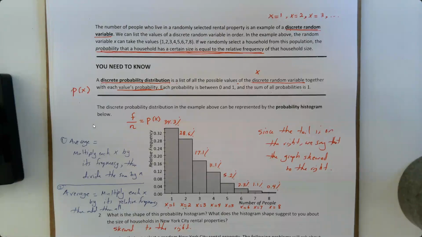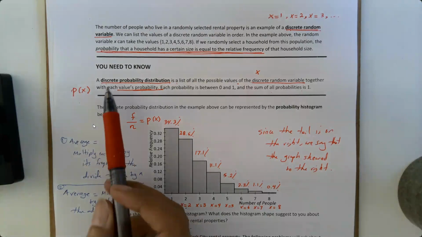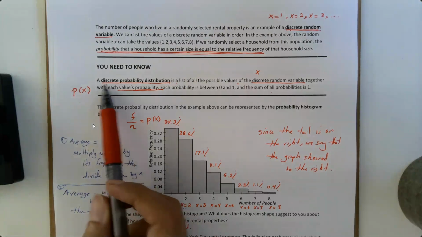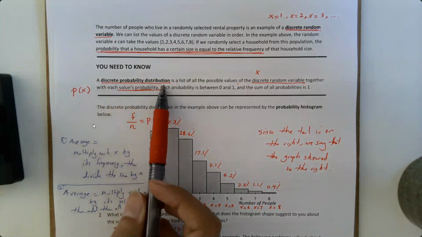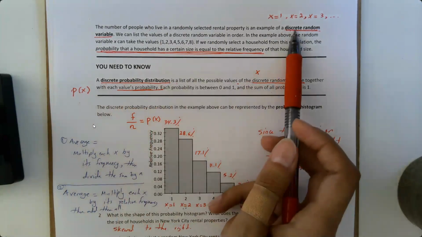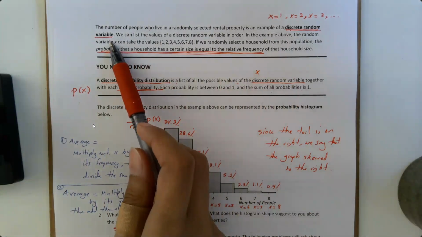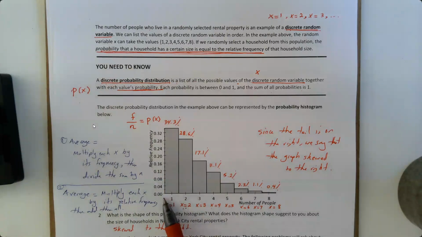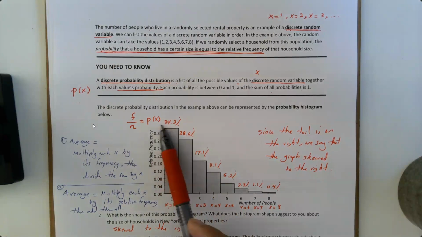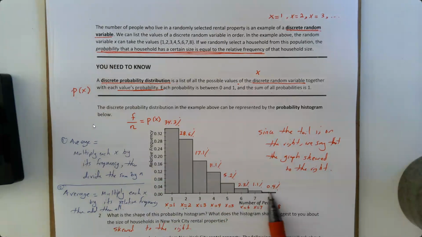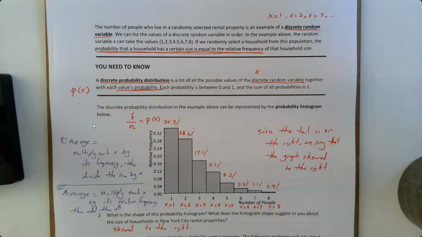Well, what we learned so far? We started talking about a discrete probability distribution for a discrete random variable. We learned that we can use a relative frequency histogram to visualize the data, how the data are skewed or normal.